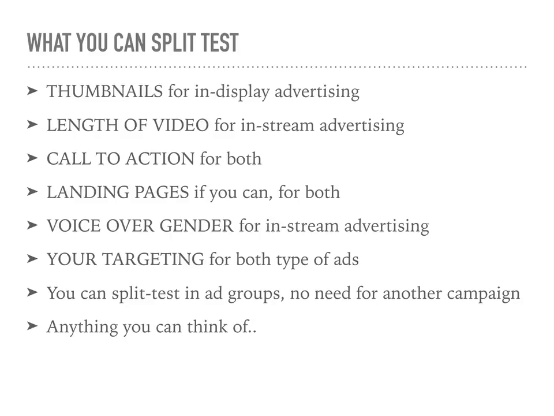So what you can split test: thumbnails, we talked about it even so slightly, but thumbnails for in-display advertising, so that means ads on thumbnails, colors on thumbnails, text on thumbnails, images on thumbnails, and that's it. Length of video for in-stream advertising, so 30 seconds to 1 minute should be your aim, but someone told me that a 2-minute video was performing really well.